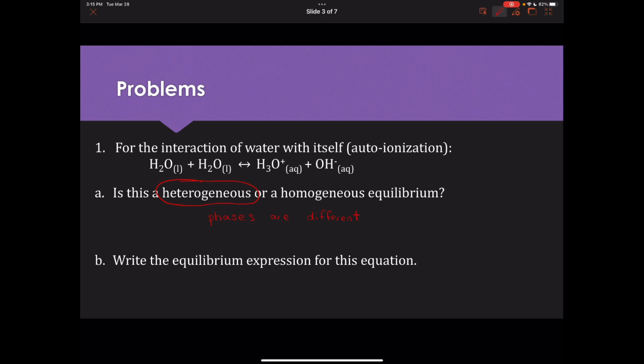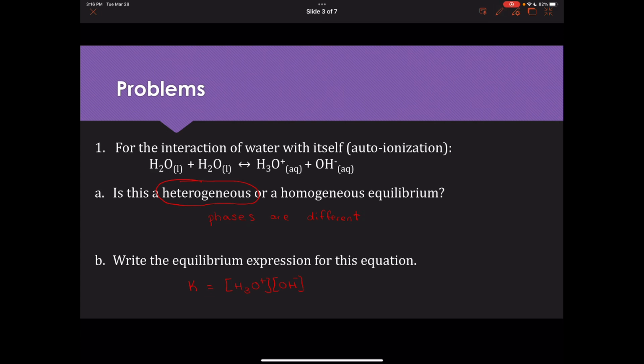Now, if I've got a reaction that goes to equilibrium, remember for any of those reactions, we can write a K expression. So K will equal concentrations of my products, each raised to their coefficient. So my hydronium raised to its coefficient of 1 times my hydroxide raised to its coefficient of 1. And then we would typically divide by our reactant concentrations.